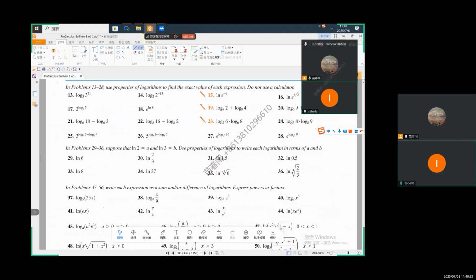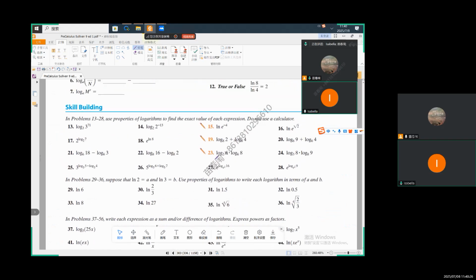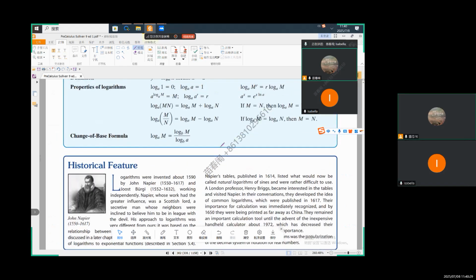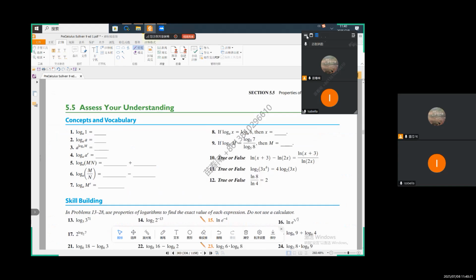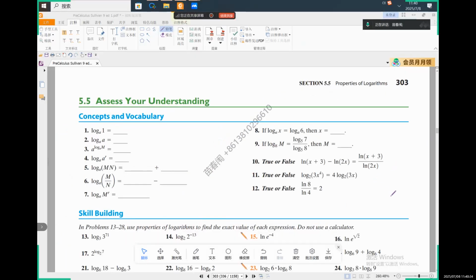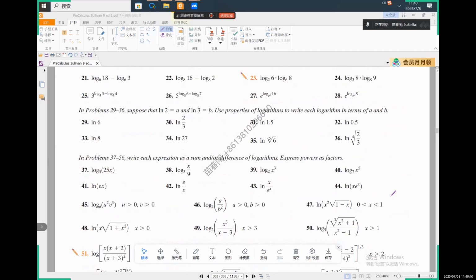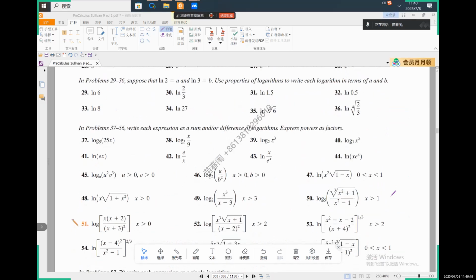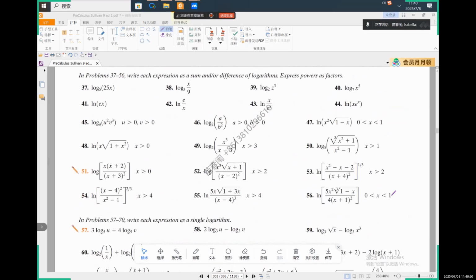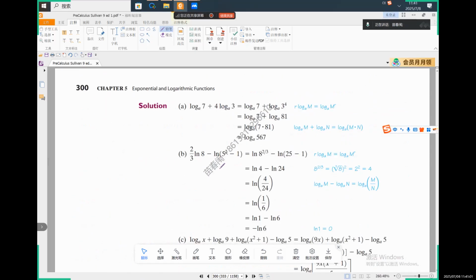This is page 303, from 35 to 56, and also a little bit more from the previous.